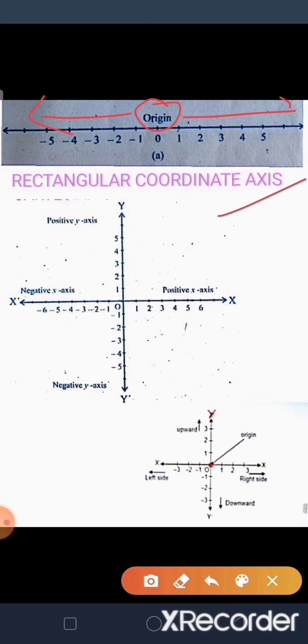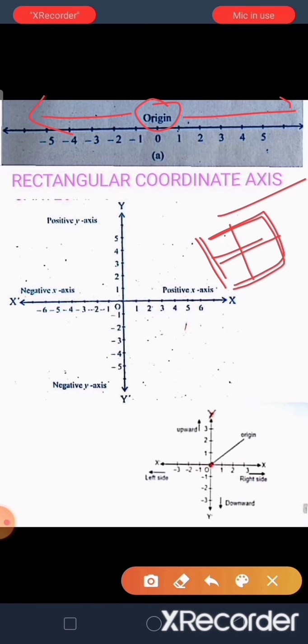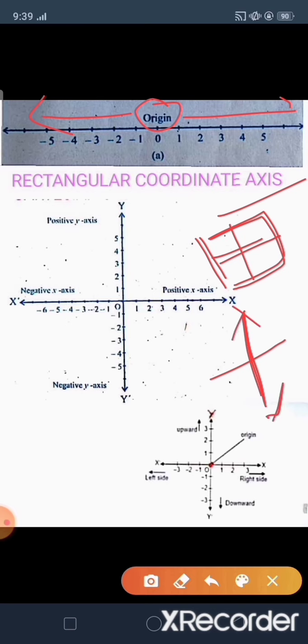Cartesian plane means when two perpendicular lines make a plane, then this system is known as the Cartesian system. To locate the position of an object or a point in a plane, we require two perpendicular lines. So we draw two perpendicular lines, one of them a standing line and the other a sleeping line.